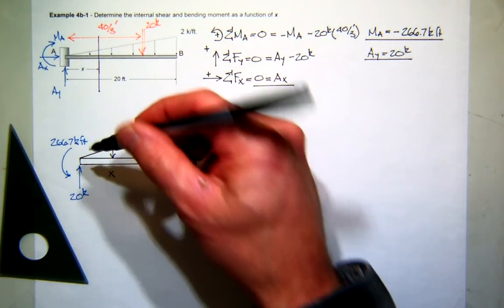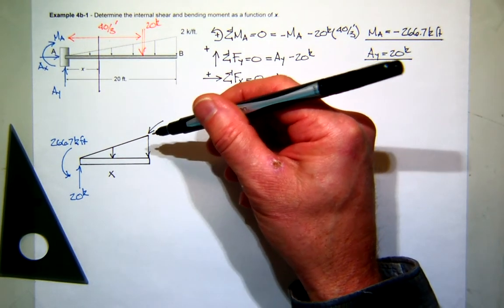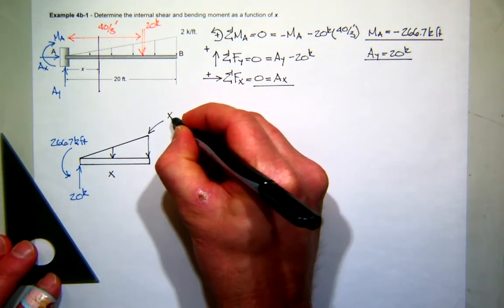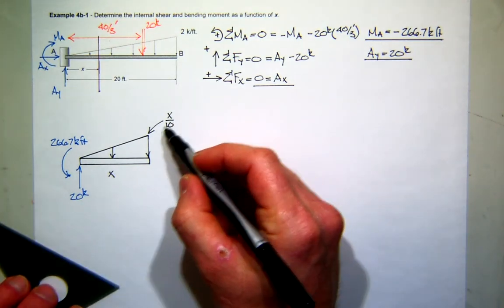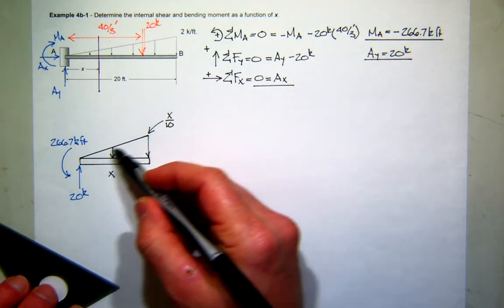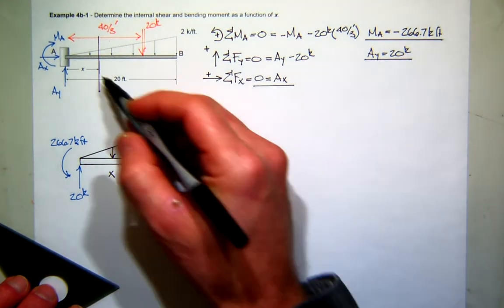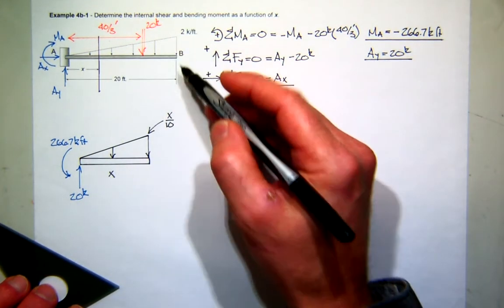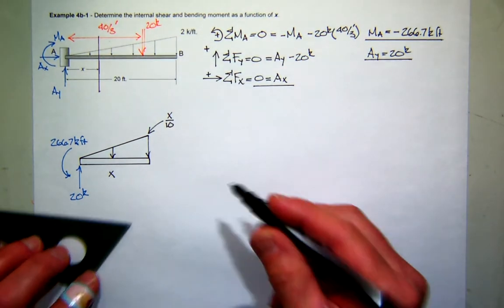So every unit I go over, I go up 1/10. So this should be x over 10. I've basically written an equation for this line. When x is equal to 0, I get 0. When x is equal to 20, 20 over 10, I get 2. So it matches.